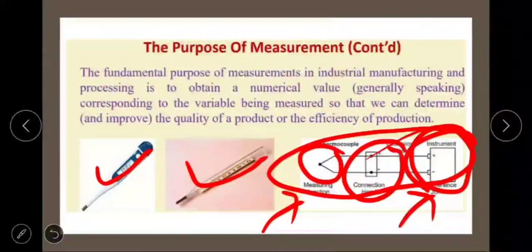So if this is our known temperature, then we can find the temperature of this unknown junction with the help of the EMF generated. For this a calibration process is required, and definitely we will define what calibration is as we go forward in the course.